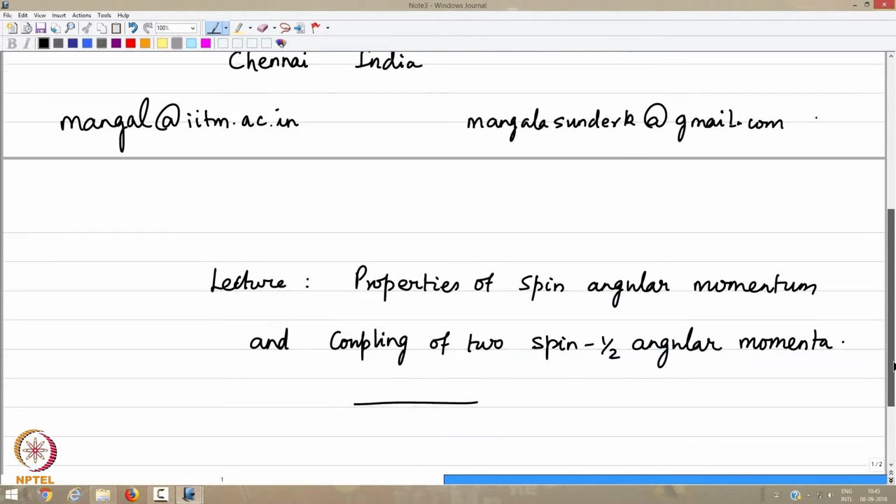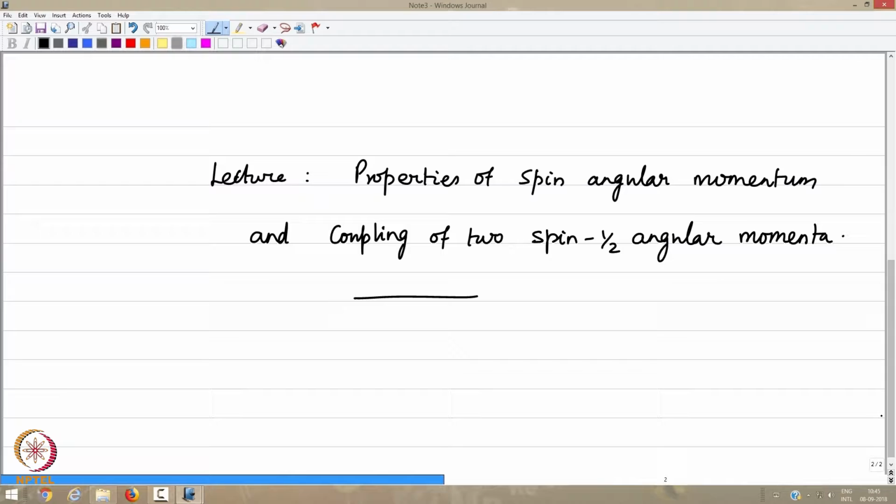The lecture continues from what I left in the previous one, the properties of spin angular momentum. We saw in the previous lecture the spin 1/2 angular momentum, and we looked at the Pauli spin matrices, the commutation relations and the anti-commutation relations.